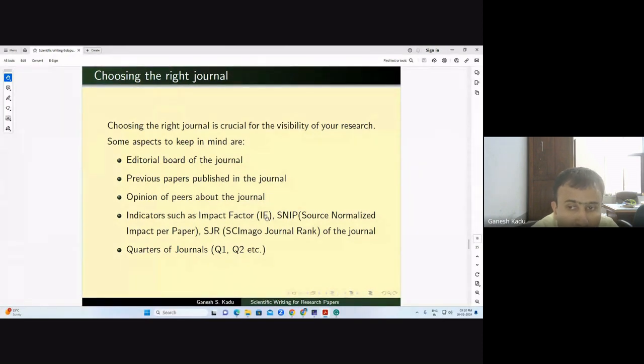You can't really compare a journal in mathematics with a journal in biology, say something like Science or Cell or Nature. Annals of Mathematics is a very high standard journal, but it doesn't receive that many citations. So impact factor is not a good indicator. It can miss a lot of things.